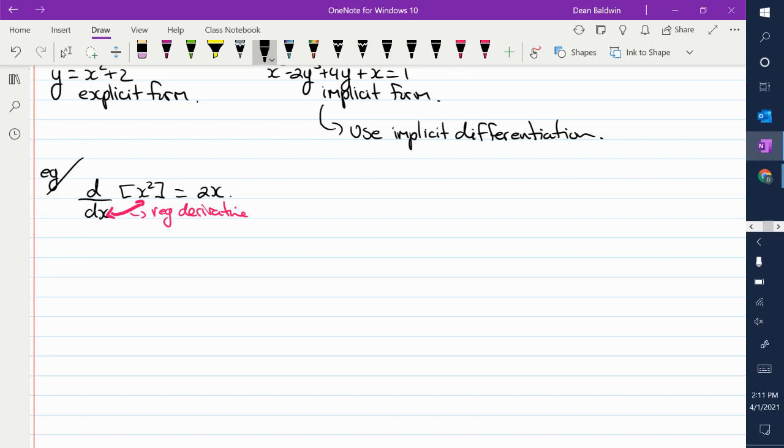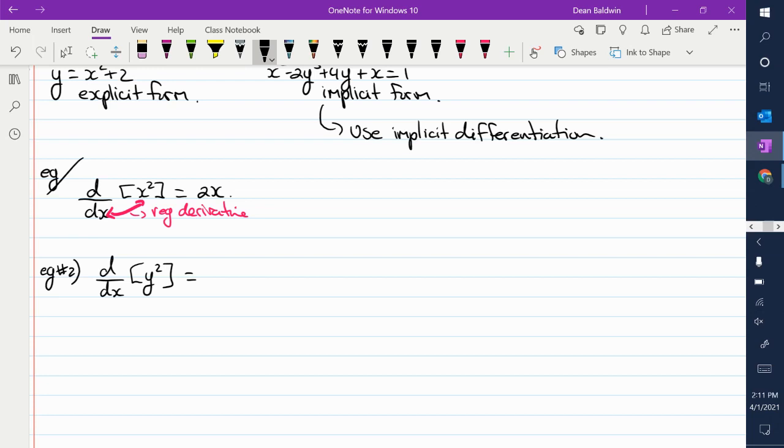But if they don't match, like that, then you have to use implicit. So does anybody know what the derivative of this is? Yes.